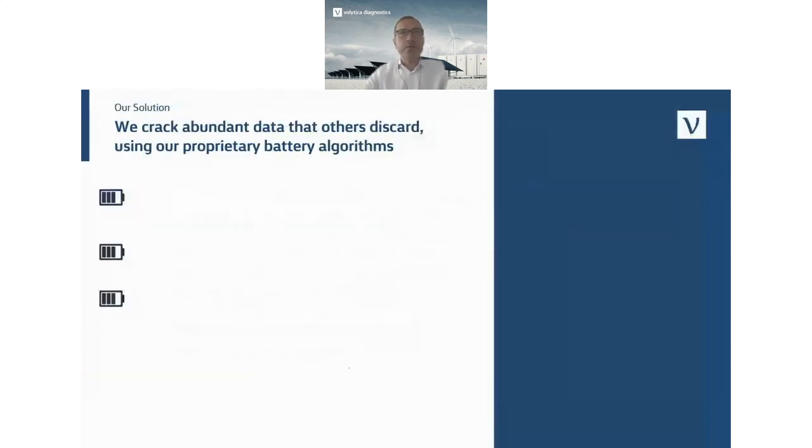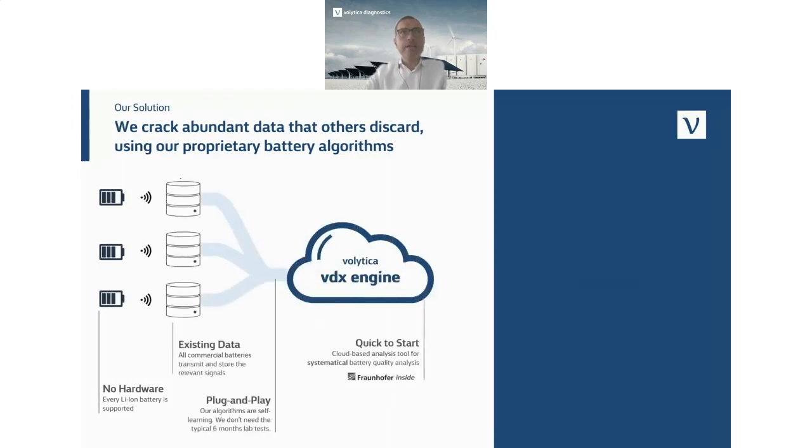Very briefly, what do we do? It's quite simple. We analyze the signals that every battery system generates. Every battery system has sensors for voltage, power, and temperature. And this data is typically collected in a cloud by the manufacturer or by the owner of the plant.